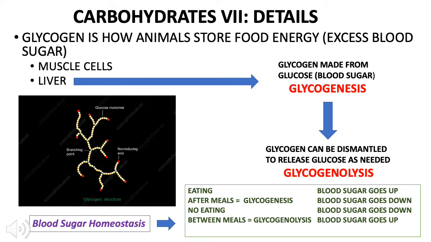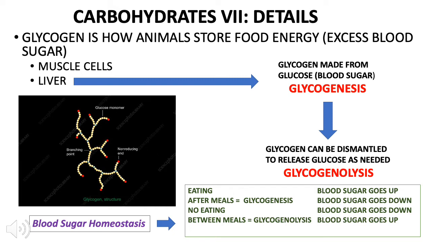You eat dinner, same thing. Blood glucose levels come down because the liver is constructing glycogen. That's called glycogenesis.